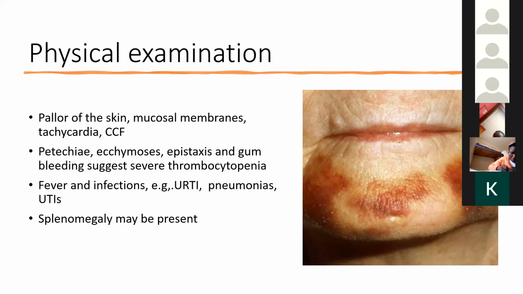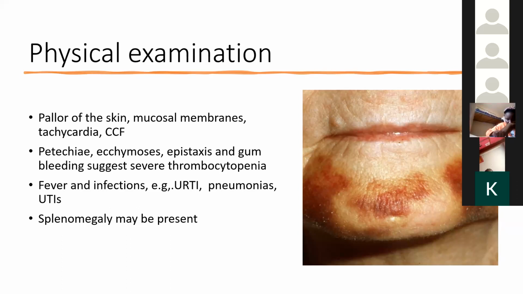And in some cases, there may be a splenomegaly present. Usually in myelodysplastic syndrome, we don't have a very large spleen. In the older classification, which included chronic myelomonocytic leukemia, CMML, then the spleen would be quite enlarged.